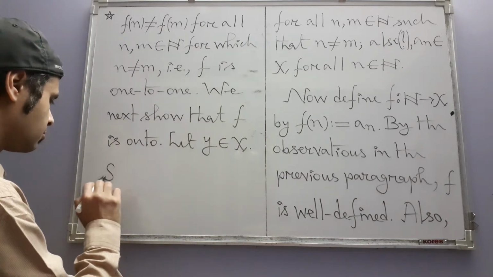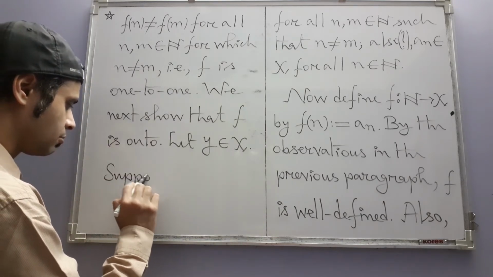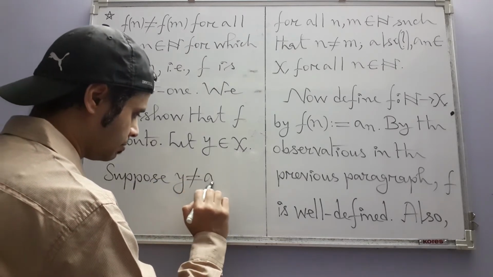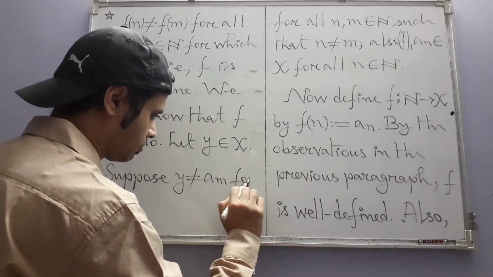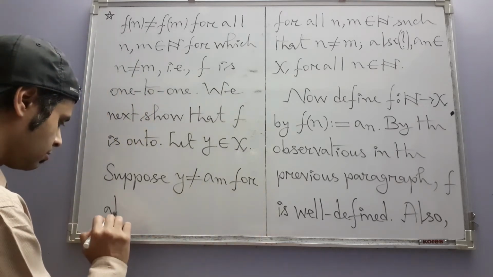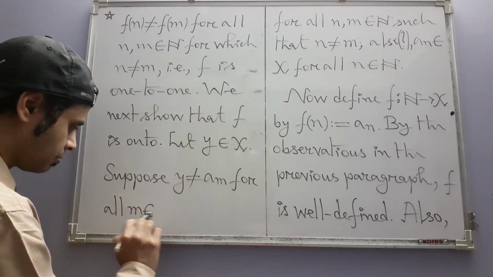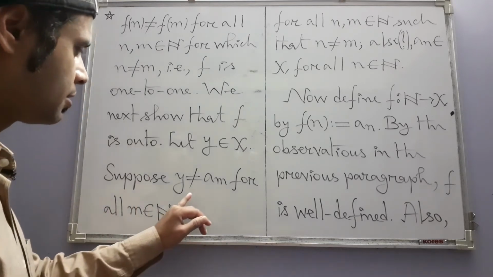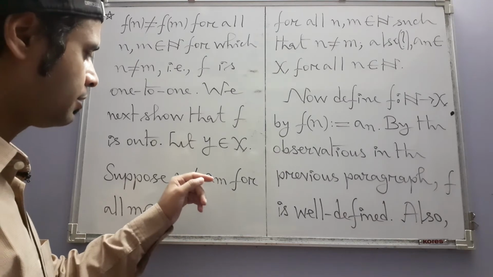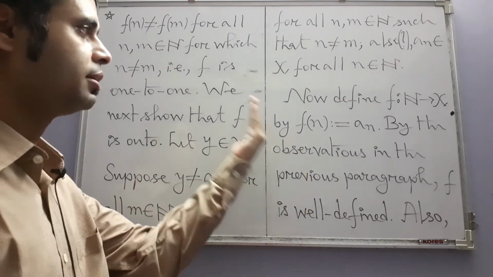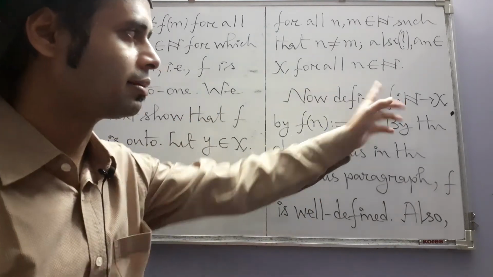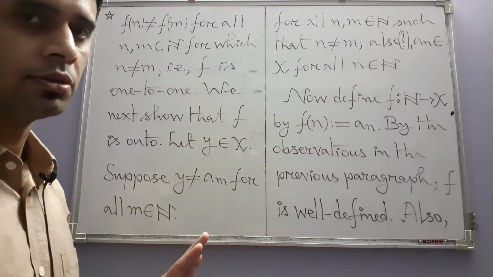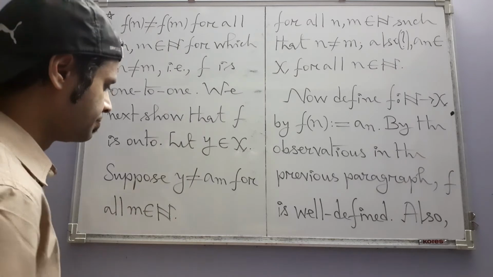Suppose y is not equal to an for all natural numbers n. This directly just simply means that y does not have an inverse image in N under the function f. In other words, that f is not onto. That's what we are supposing.